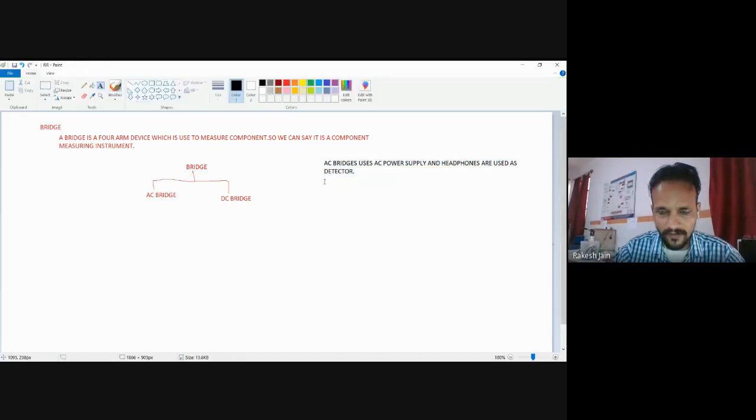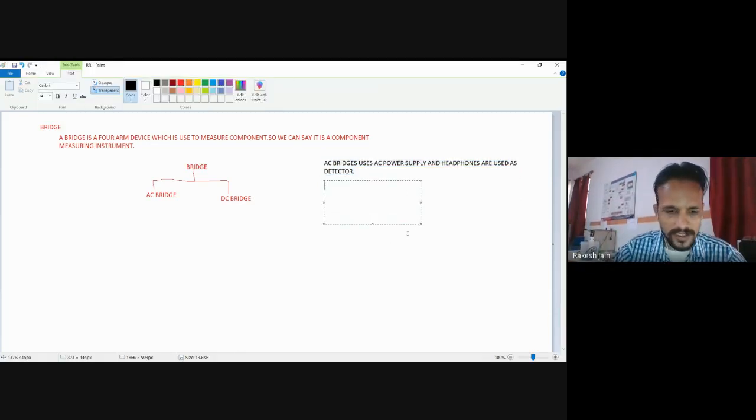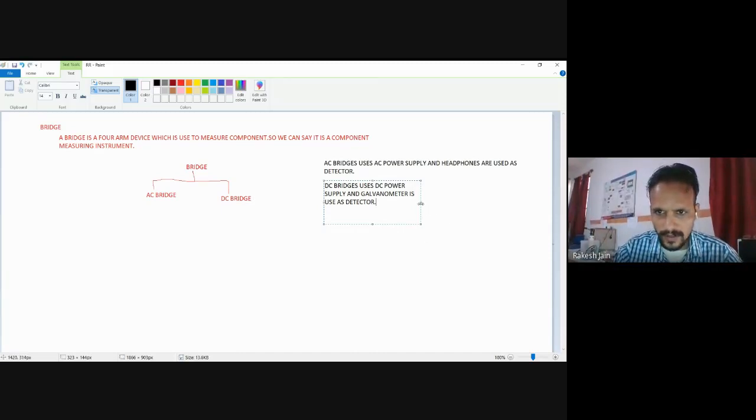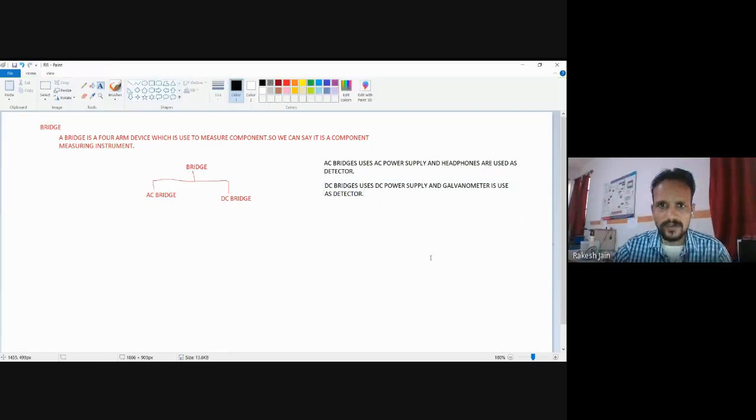This is the key term for the AC bridges. And if you talk about the DC bridges, they use a DC power supply and a galvanometer is used as the detector. So this is the most important difference between AC bridges and DC bridges.